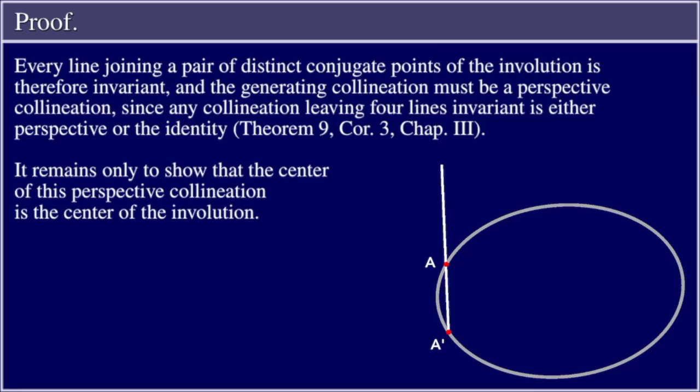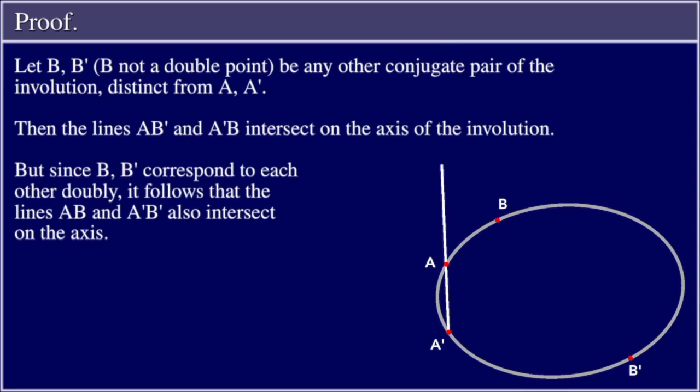It remains only to show that the center of this perspective collineation is the center of the involution. Let B, B prime, not a double point, be any other conjugate pair of the involution distinct from A, A prime. Then the lines AB prime and A prime B intersect on the axis of the involution.